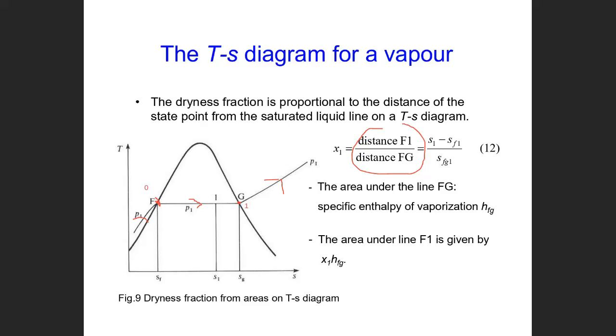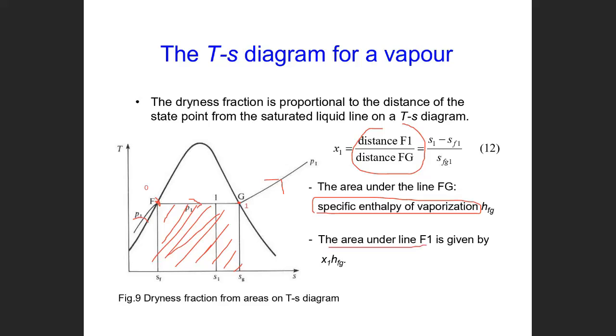The area under the line fg you can consider as the specific enthalpy of vaporization, because according to its definition, it is the heat required to heat 1 kilogram of fluid from saturated liquid to saturated vapor.